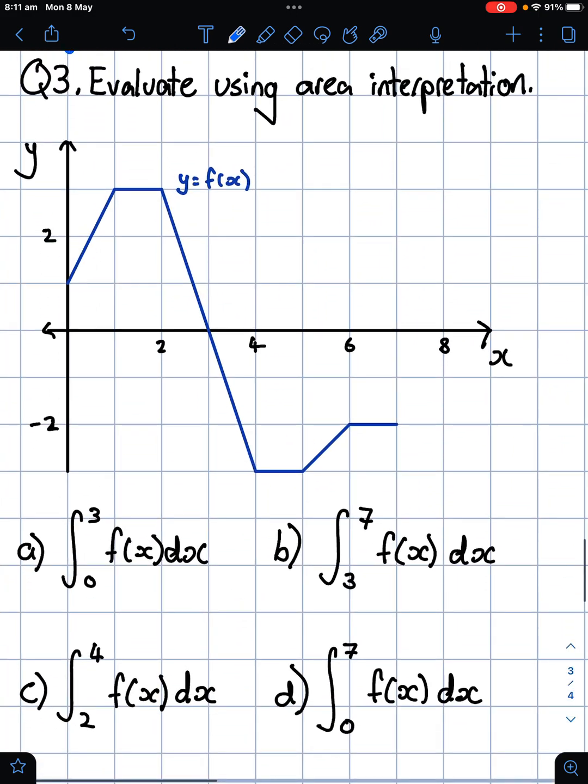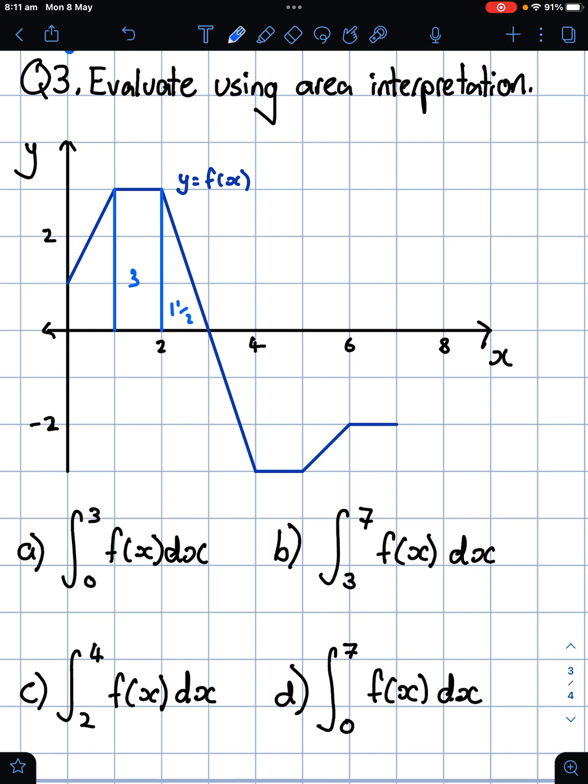Now the next one here, evaluate our area interpretation. So here I've got this thing here is 1 square plus this. I'm just going to break it up so we can see it. This looks like it's 1.5.